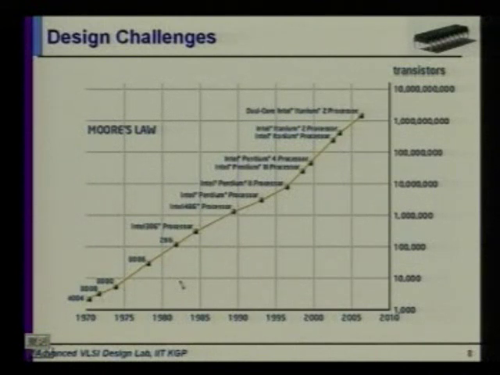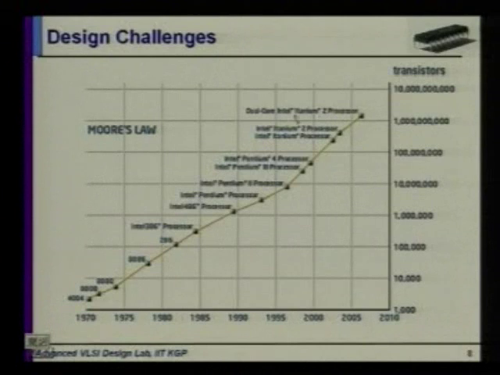No one believed that was going to happen when it was predicted, but it has been holding good since 1970, almost 4 decades, and it still holds. This shows you the number of transistors that you have on a chip.